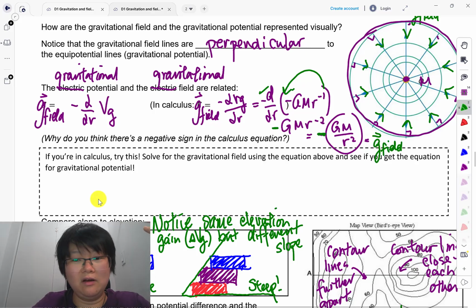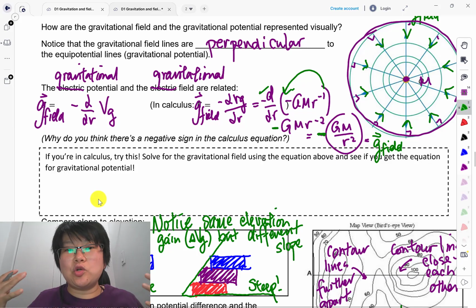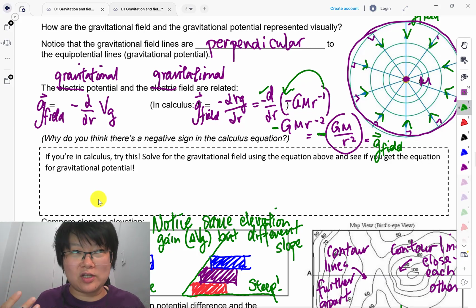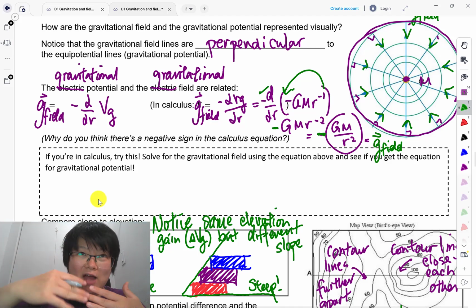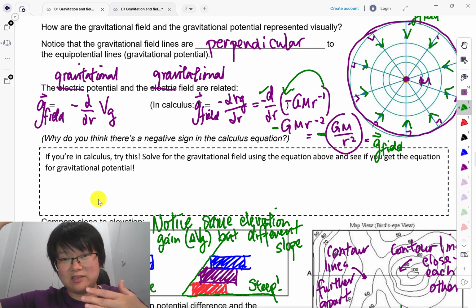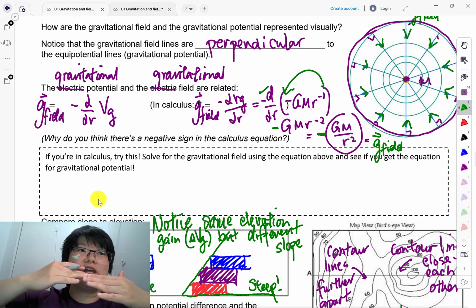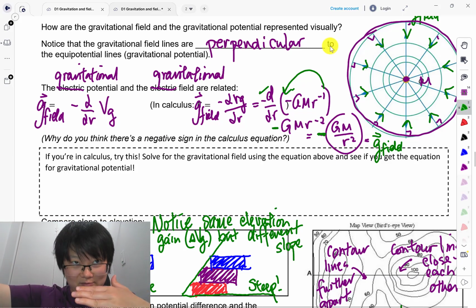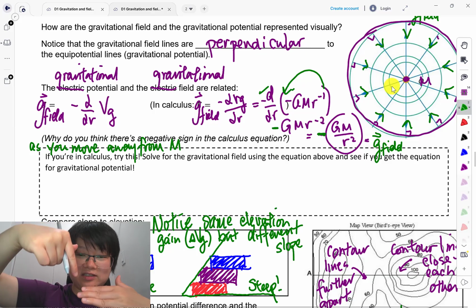And you might be wondering, but there's no negative sign in my data booklet. So what's that negative sign doing there? It has to do with correcting for the direction. If you move away from your center of mass, your gravitational potential increases while your gravitational field strength decreases. Another way to think about this is that as you move away from the point mass, the gravitational field vector points towards the center of the mass.